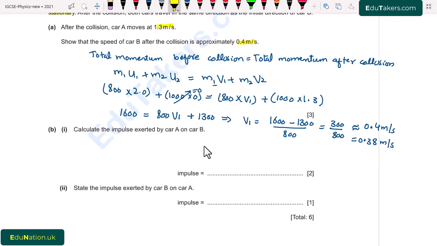Part B 1. Calculate the impulse exerted by car A on car B. Here we have to calculate impulse, and we know that impulse is equal to the change in momentum.